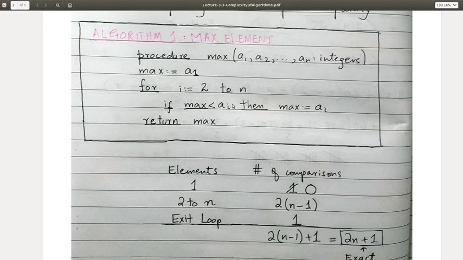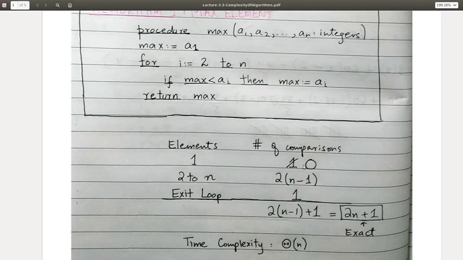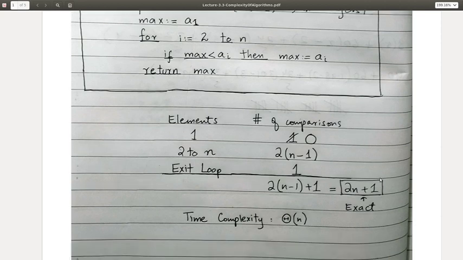And lastly, when your i is equal to n and you go back to this for loop, you will increment i and i will become n plus 1. You will be doing one more comparison to check that i has exceeded this range. So to exit the loop, you need to do one extra comparison. And so the total number of comparisons is 0 plus 2 times (n minus 1) plus 1, which is 2n minus 1.